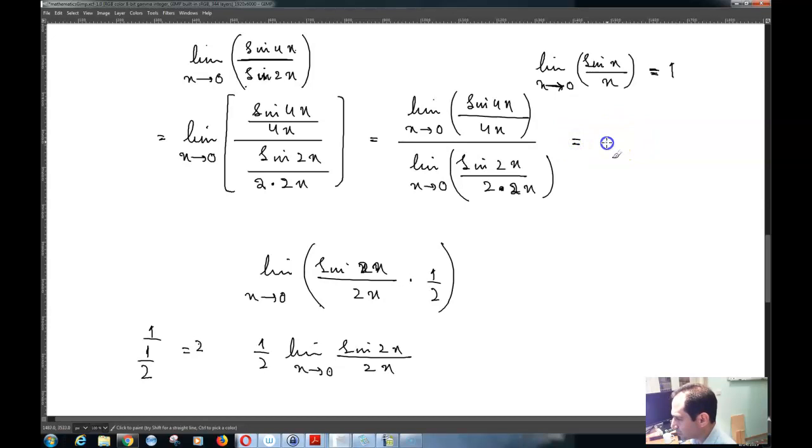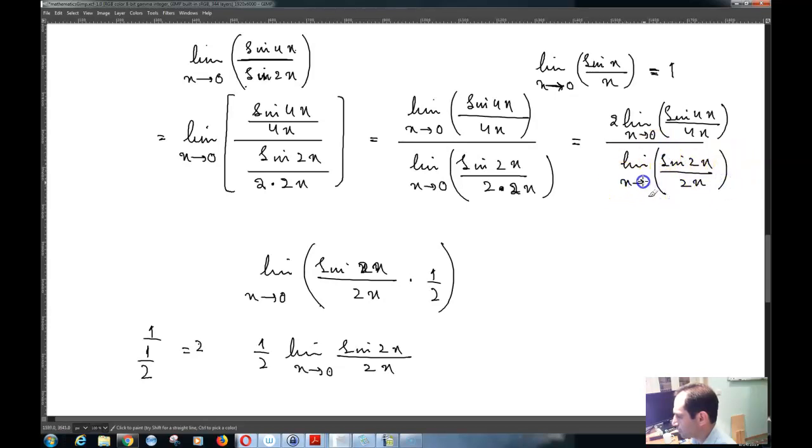So I can write this as 2 times the limit of sine 4x over 4x as x tends to 0 over the limit of sine 2x over 2x as x tends to 0. And now this 2 is basically up here.